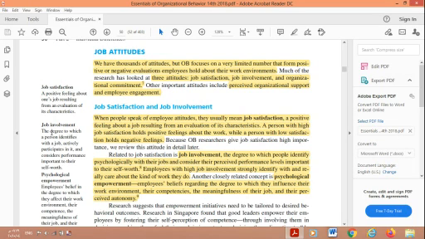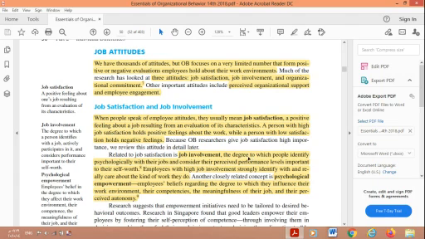Job involvement is the degree to which an employee identifies with a job, actively participates in it, and considers performance important to their self-worth.